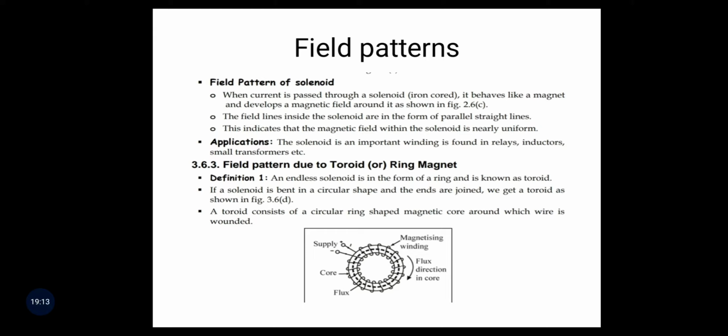If you take a solenoid and there is no end, it is in the form of a ring, then it is called a toroid. If a solenoid is bent in a circular shape and the ends are joined, we get a toroid.